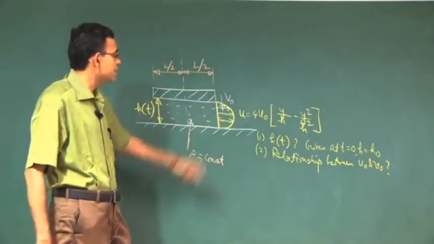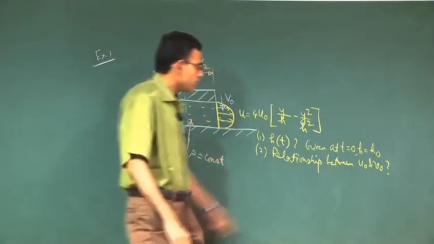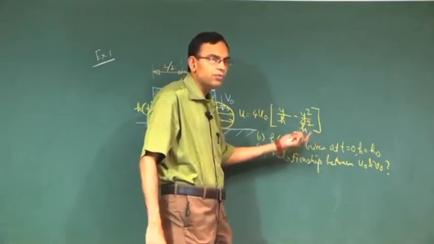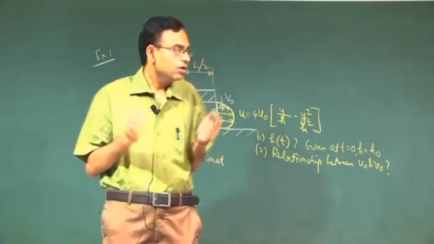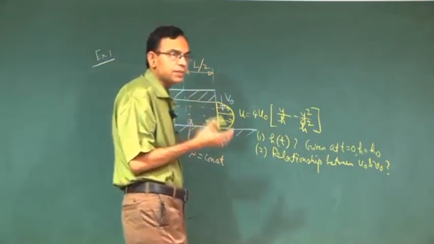This velocity v0 is uniform. So, in this way this problem could be formed with several parameters known, several parameters unknown. The question is that what is the basic principle that we apply?